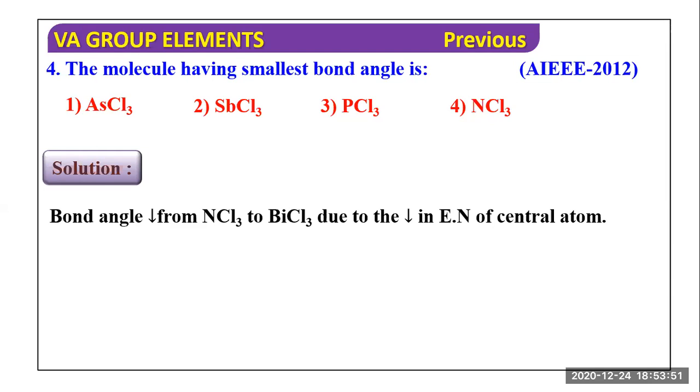Nitrogen, phosphorus, arsenic, antimony. So the last one is antimony. So this is the correct answer. Down the group, bond angle decreases.